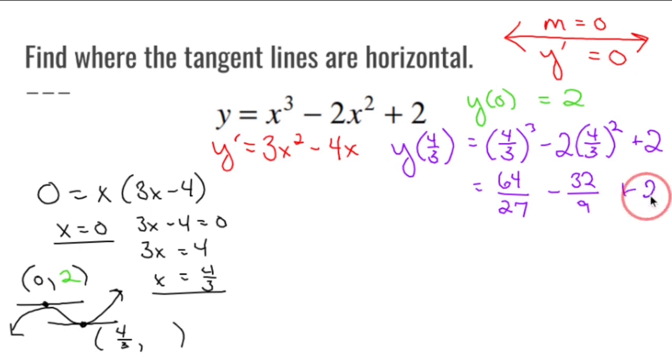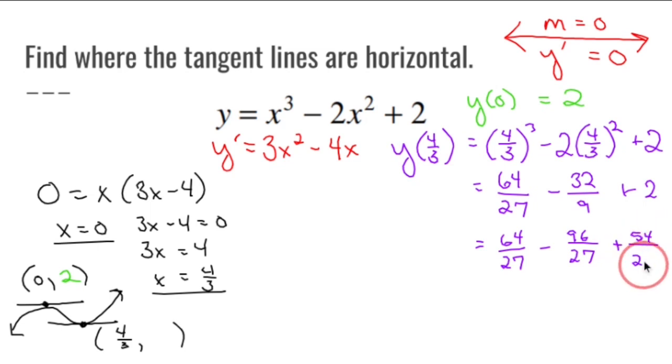Plus 2. Let's make all of these have denominators of 27 so that I can combine fractions without having to use a calculator. So nothing changes there. If I multiply the numerator and the denominator of this one by 3, that gives me 96 over 27. And if I multiply this one by 27 over 27, I get plus 54 over 27.